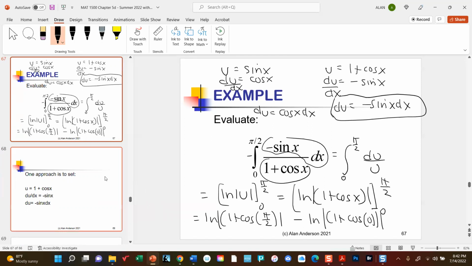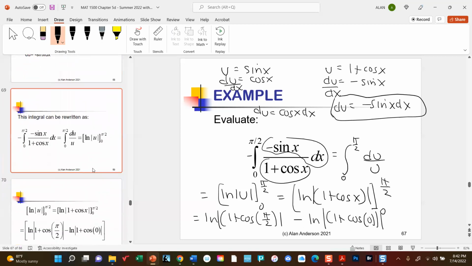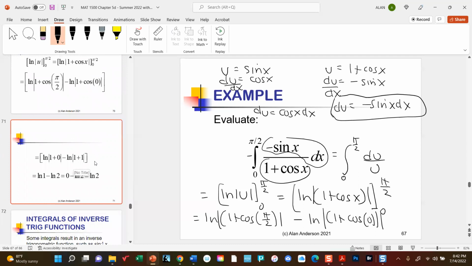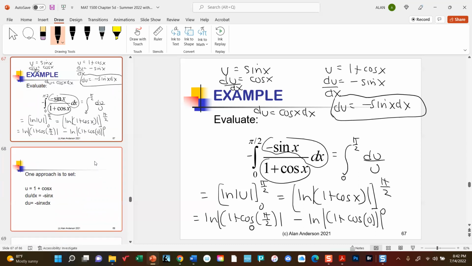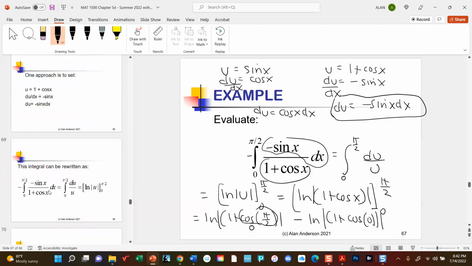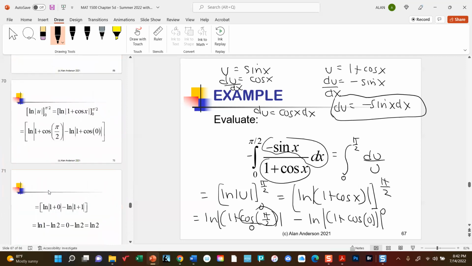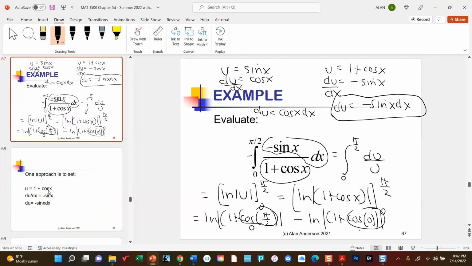And so when you're done with all that, it turns out that this is 0. And the cosine of 0 is 1. So it reduces to something very simple.